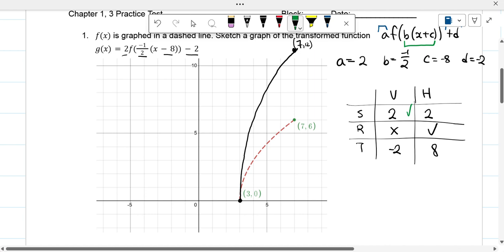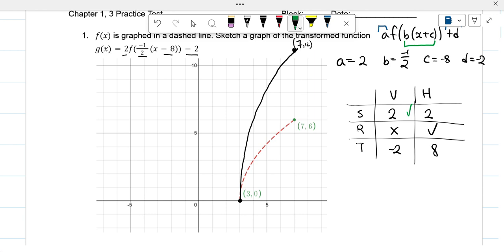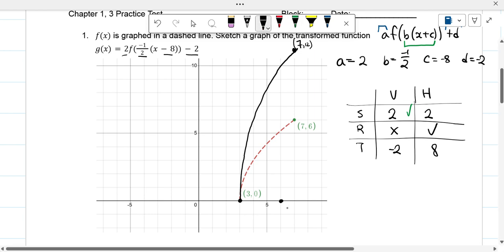Now let's do the horizontal stretch. Horizontal stretch means that my x value is multiplied by a stretch amount. We're stretching by 2, so my 3 is doubled. That's going to be (6, 0).